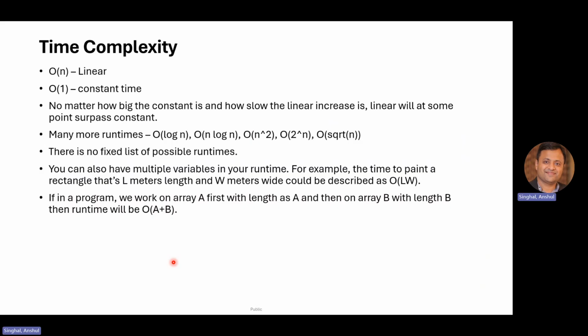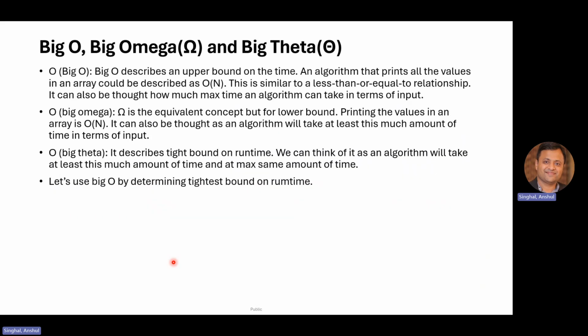Even before starting with time complexity, we can talk about big O, big omega, and big theta very briefly. They describe the upper bound or lower bound on the runtime. Big O describes an upper bound on the runtime. What it means is that an algorithm can take a maximum of this much time.